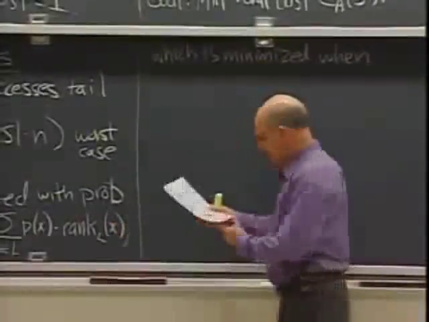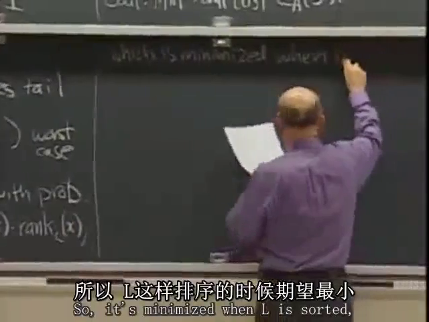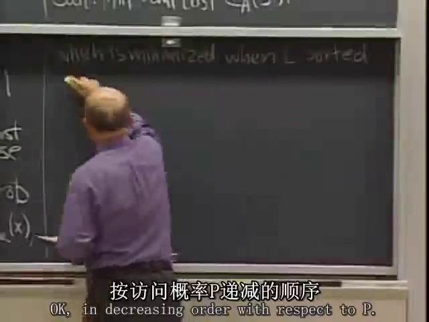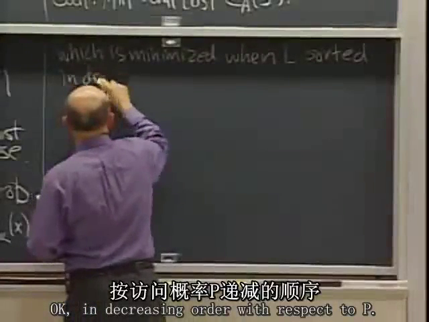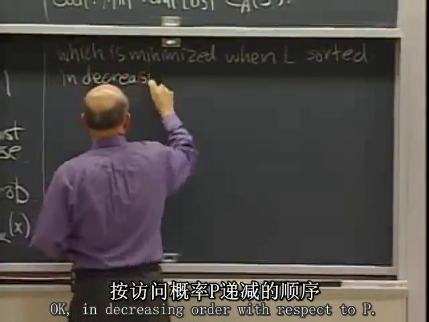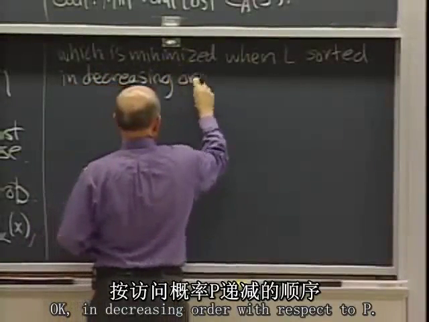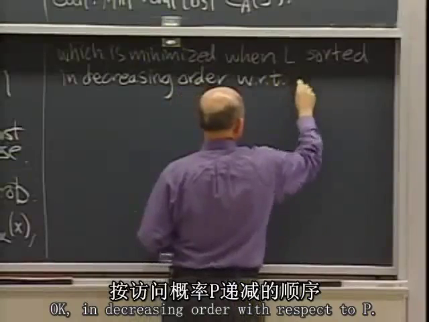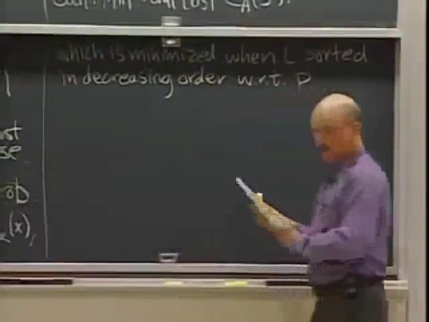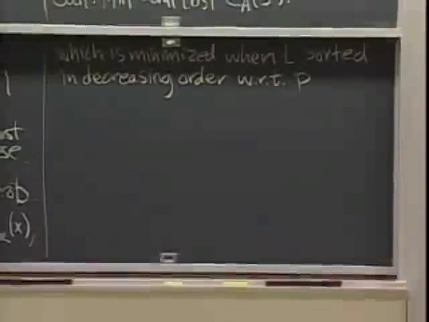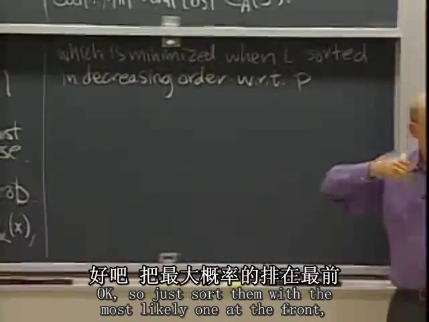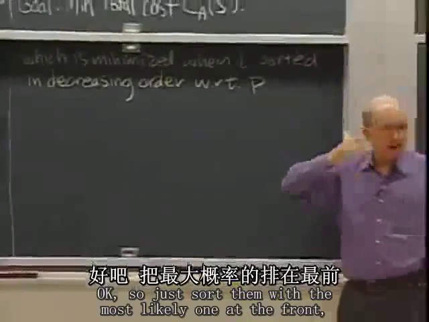So it's minimized when L is sorted in decreasing order with respect to P. We put the most likely one at the front and then decreasing probability.